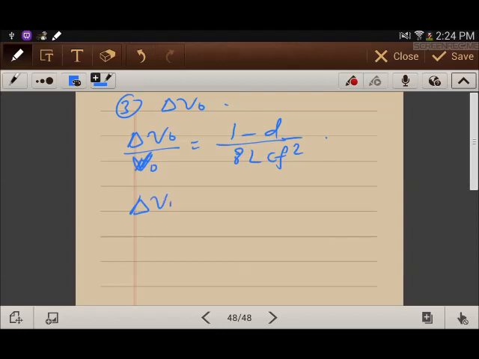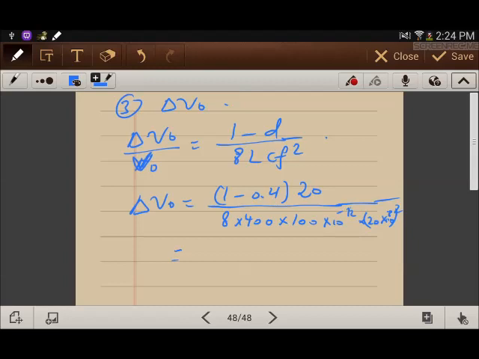So delta V out is equal to 1 minus 0.4 multiplied by V out, which is 20, divided by 8, multiplied by 400, multiplied by 100, by 10 to the power minus 12, multiplied by 20, multiplied by 10 to the power 3 squared.